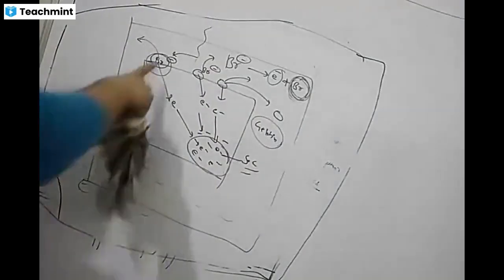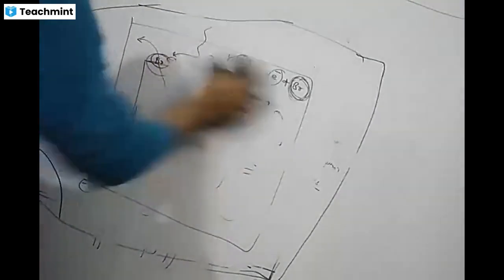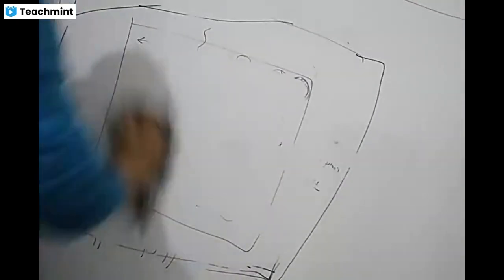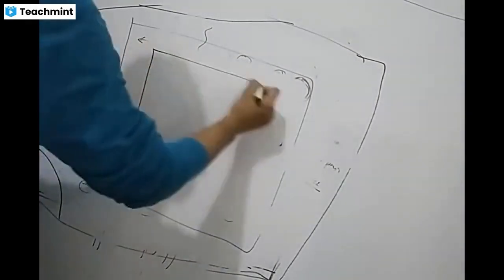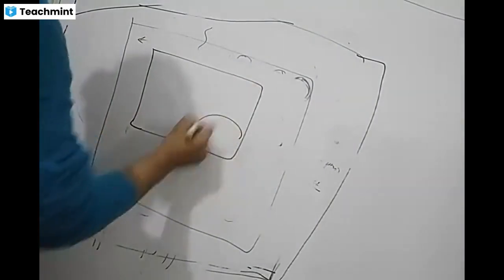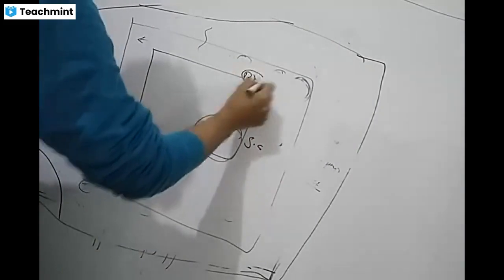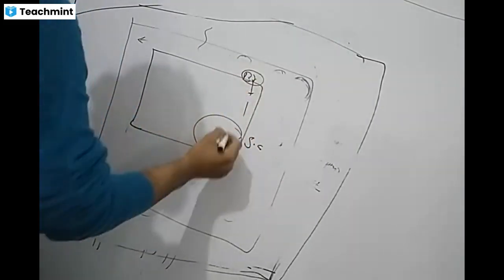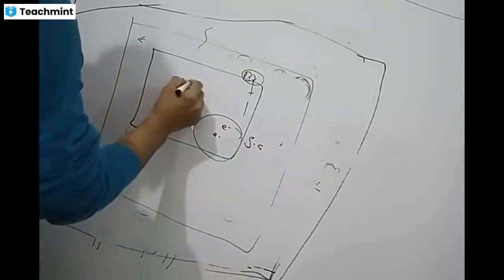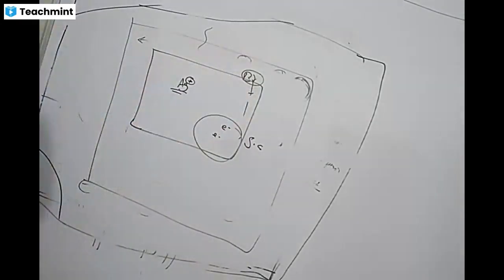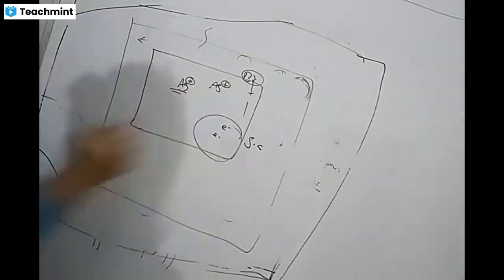So what happens at the sensitivity center? This is the crystal and this is the sensitivity center. This was the bromide ion. It was giving electrons, so there are many electrons. Inside the interstitial spaces, because of the Frenkel defect, there are many Ag plus ions.